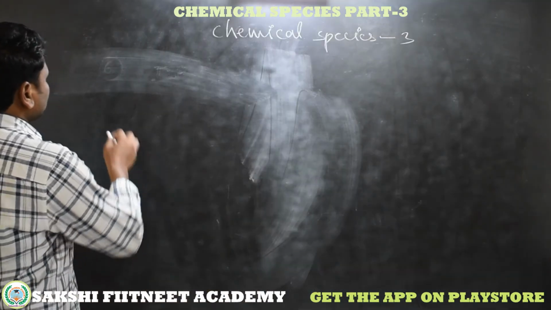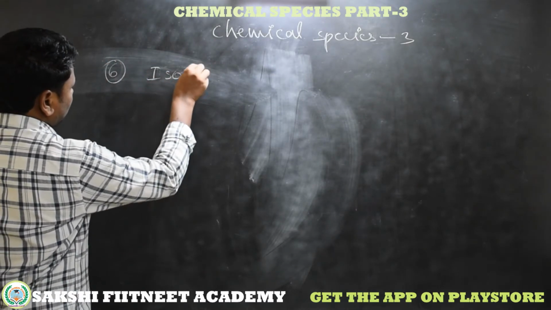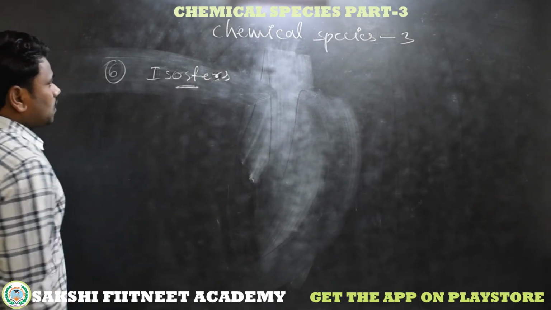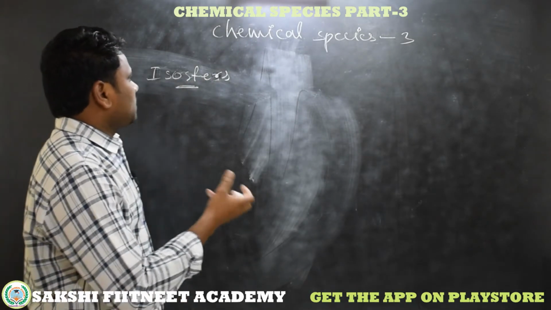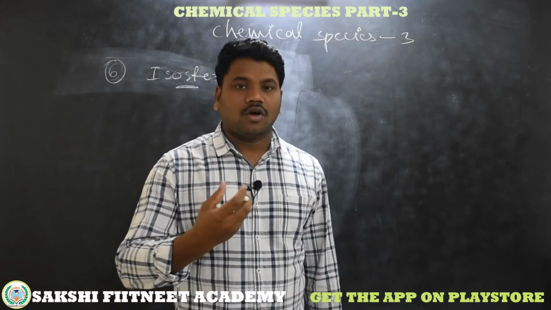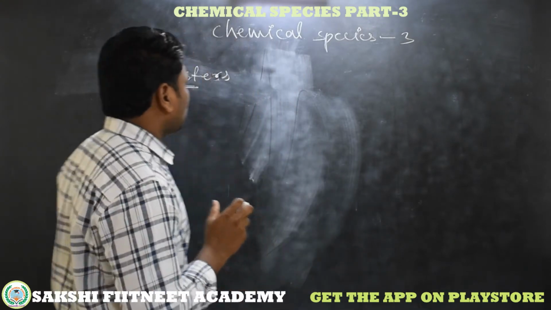So now we'll discuss isosters. What are isoelectronic species? The species which have the same number of electrons, the total electrons, or the species which have the same number of valence electrons, are called isoelectronic species.